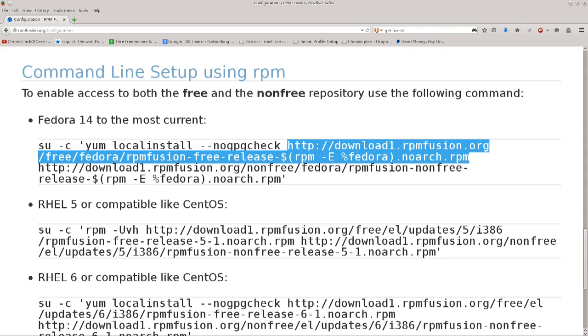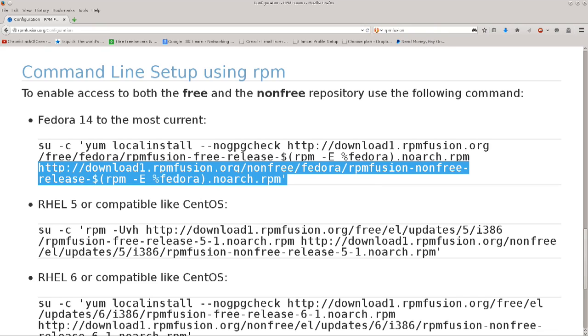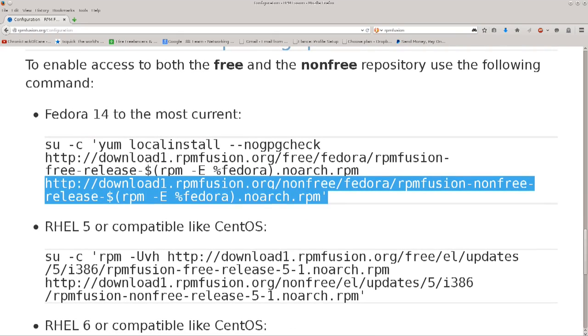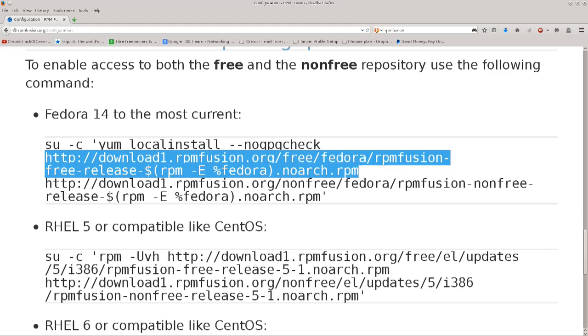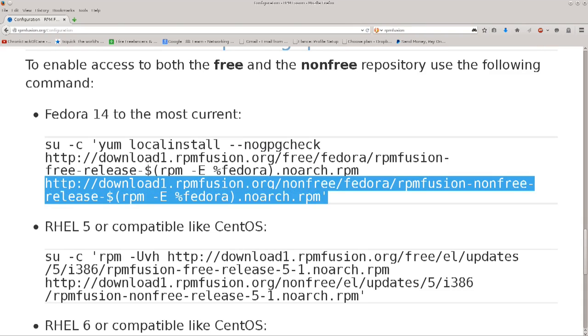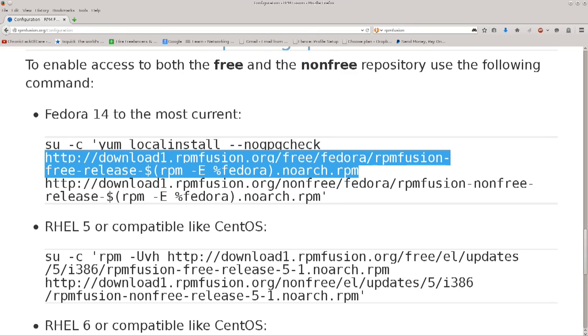And down below you have the second address, again download1.rpmfusion.org, and it says non-free. So I'm highlighting the entire thing here. Let me just zoom it in a bit more so everybody can see. And there you go. You have two addresses, not completely different, but definitely different, referring to different types of repositories.